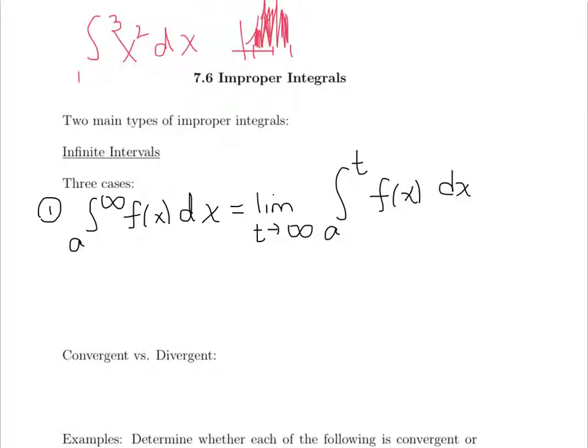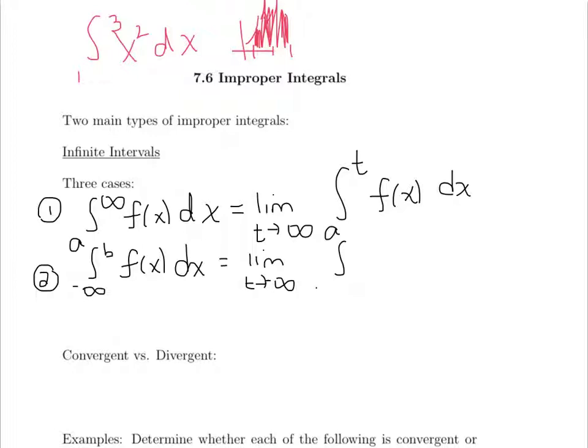And you can do a similar thing if you have an integral from negative infinity to b. Here you would take the limit as t approaches negative infinity of the integral from t to b of f of x dx. So just make sure you get your negative in there, negative infinity.